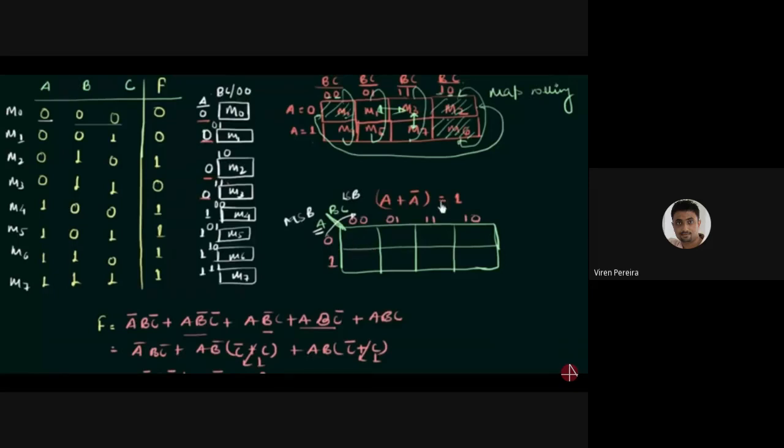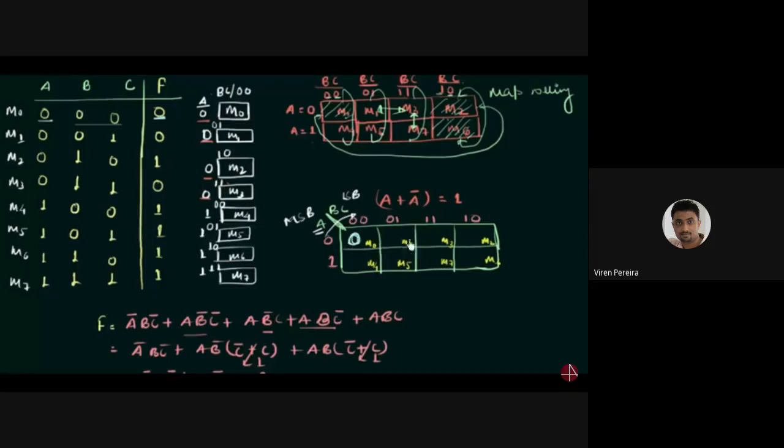Okay, so let's start filling it, but let me help you by writing the minterms here. This is M0, this is M1, this is M3, this is M2, M4, M5, then M6 here, and then M7. Let's fill it. M0 is 0, so you fill 0 here, or generally it is kept unfilled.